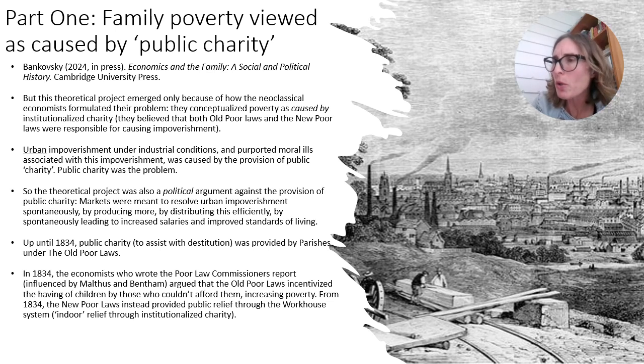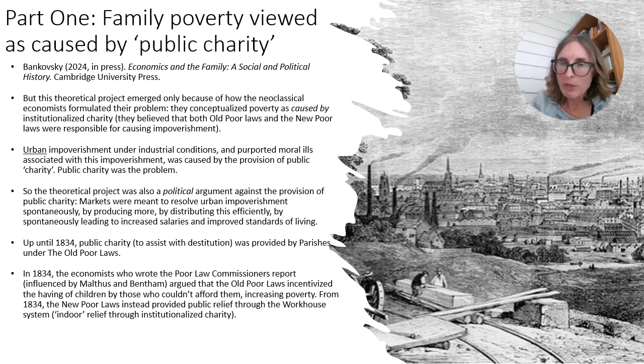So the new poor laws that came about made it necessary for destitute families to live in workhouses and receive public relief conditional upon them working. And this was meant to disincentivise the having of children by those who could not afford to keep them.